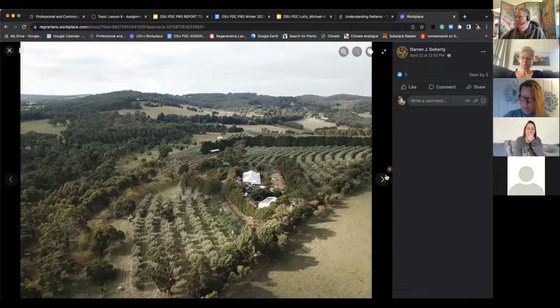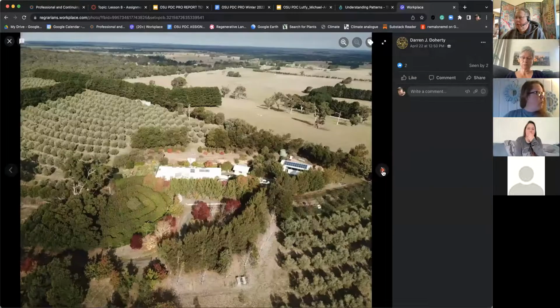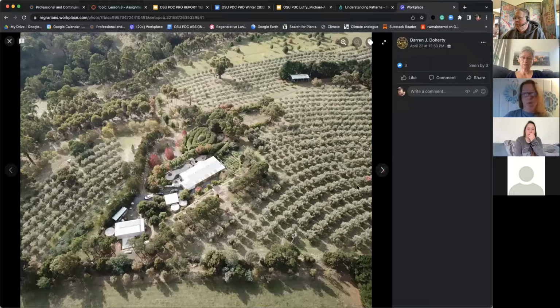But Darren Doherty and Georgi Pavlov worked together, and they've done some amazing work. So the keyline patterning is such where you have equal spacing between these rows so that all these rows have some potential use. They may be for grazing, they may be for cropping, they may be for hay. I have no idea in this situation what they're doing. Probably not a lot because these are pretty tight.